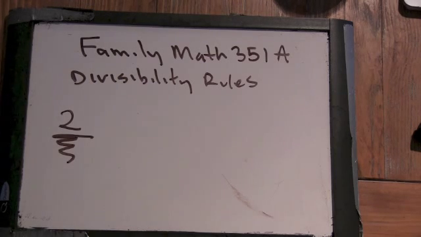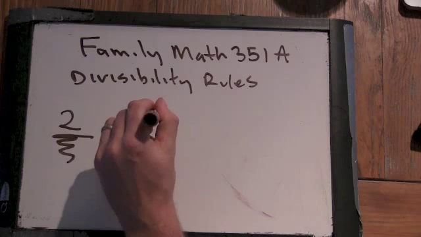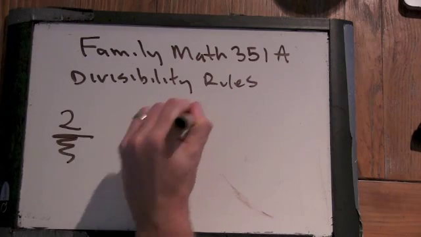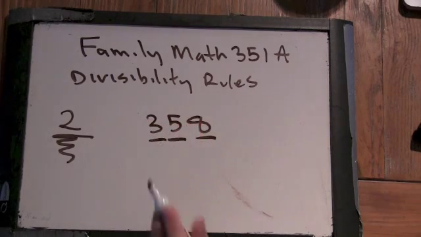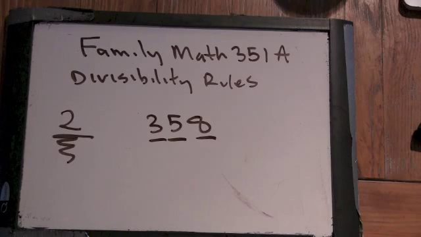Okay. So let's look at the number, I don't know, 358. Can you explain to me why all we have to do is check the last digit to know if it's a multiple of 2? Well, 2 times 5 is 10, so we can make any number of 10s and 100s with 2s and 5s. So in this case, what does that tell me I already know is divisible by 2? 350.